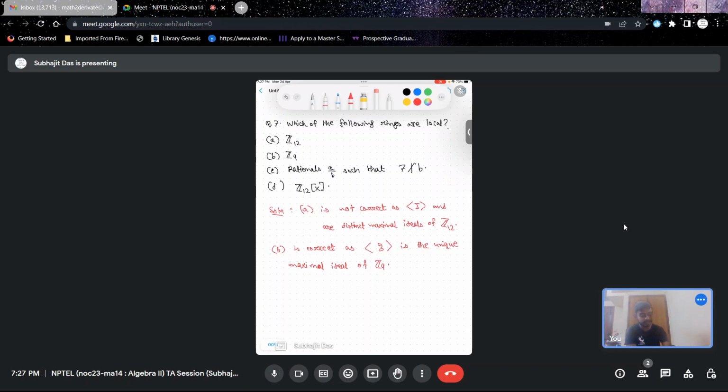Yeah, the ideal generated by class of 3 and the ideal generated by class of 2, right? I'm sorry for this. These two will be distinct maximal ideals. Not 4.